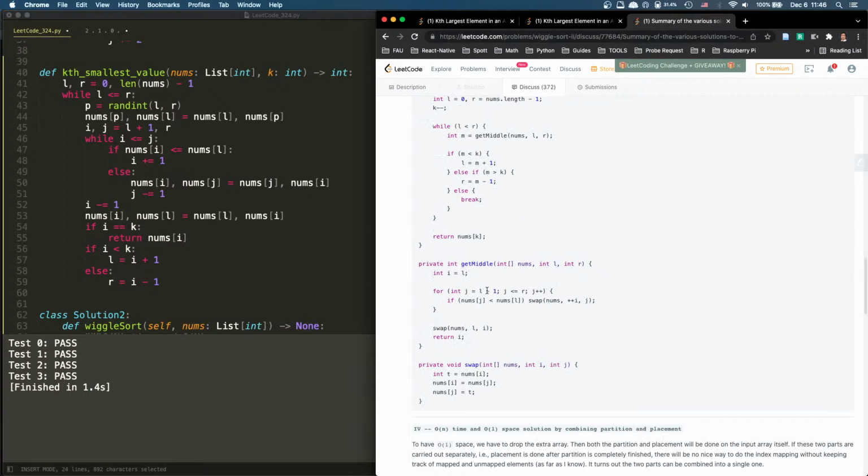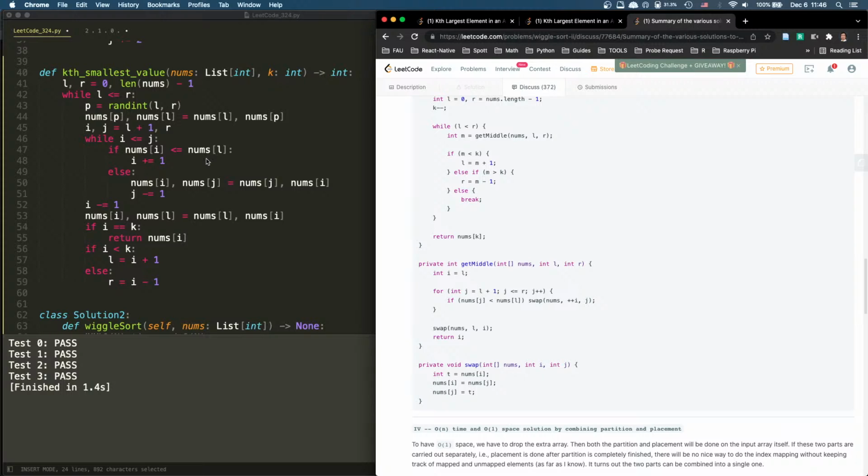Okay, J is smaller or equal to right. And then if J is smaller, then we'll swap I and J. What we want to do is to keep the smallest, right?